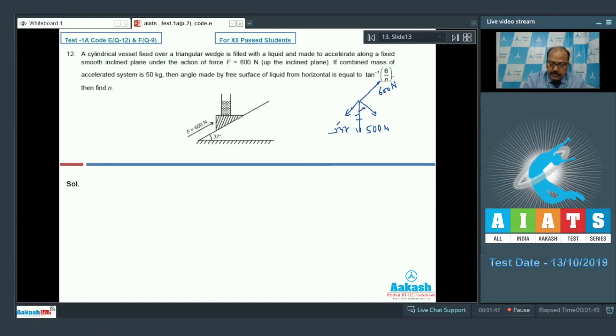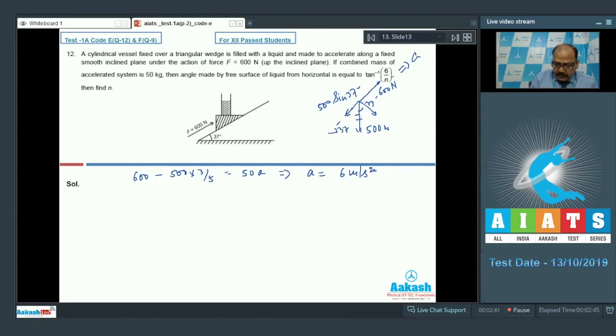So this angle is also 37 degree. And so this component is 500 sine 37 degree. And let's say acceleration is A along the incline. Then we have 600 minus 500 sine 37 degree, which is 3 by 5, equals 50A. If we solve it further, we get A equal to 6 meter per second square.